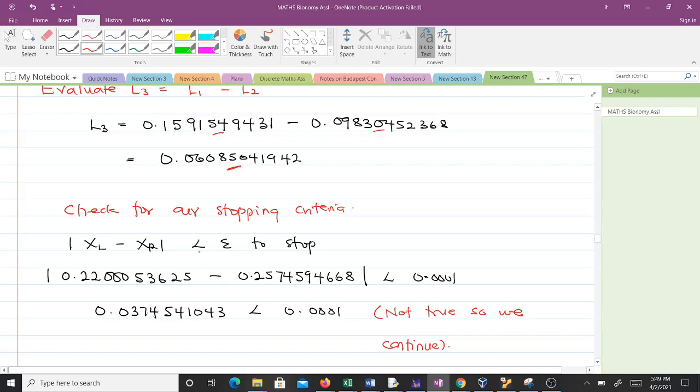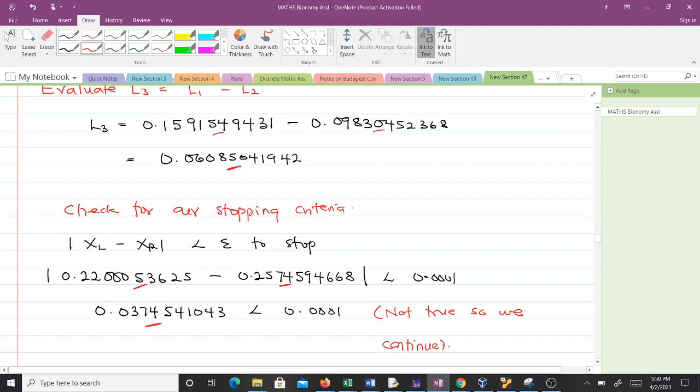You could see that xl was this, xr was this. When you take the difference and find the absolute value of it, you get 0.0374541043, and you could see that that is not less than 0.001. It's not true, so we have to continue with the iteration.